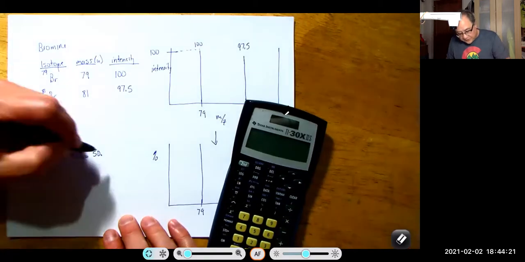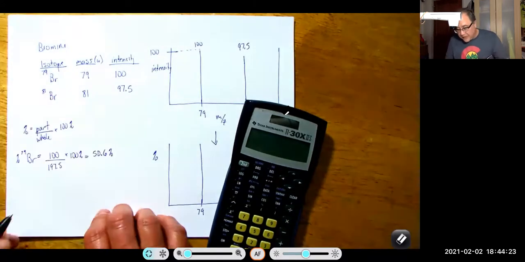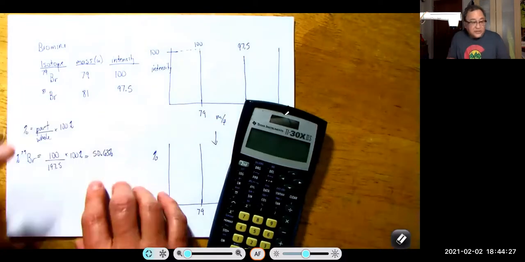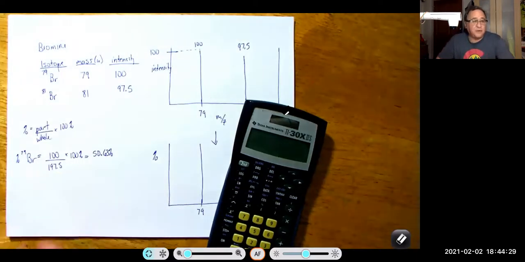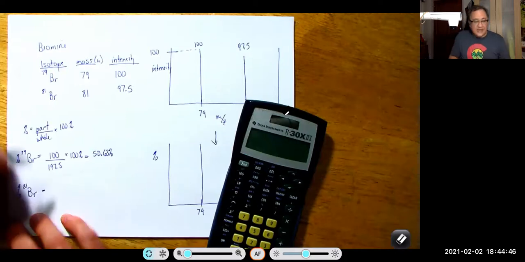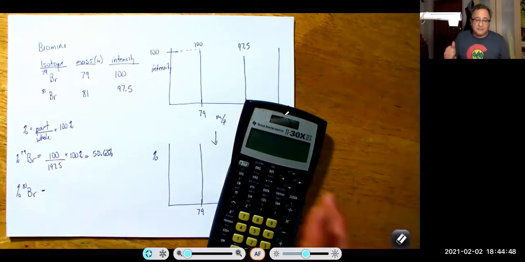You get 50.63%, 4 significant figures because of 197.5. Any questions about that percentage for bromine 79? Okay, how about bromine 81? Go ahead and calculate that percentage, and when you're done, give me a thumbs up.